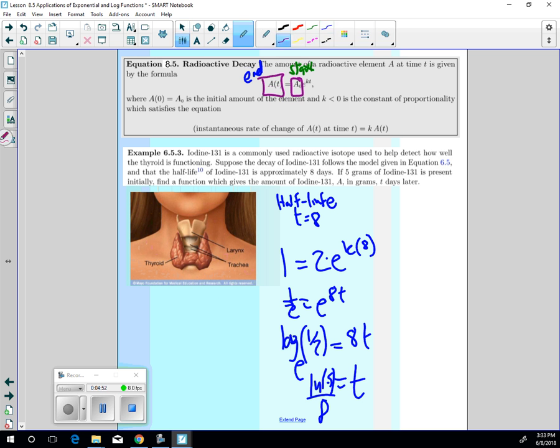So with this one, if 5 grams is present initially, we're going to try to find out how much there'll be. We have 5 grams, or 5 times e to the same k, whatever that is, ln of 0.5 over 8. And that should help you find out how much you'll have after that amount of time.